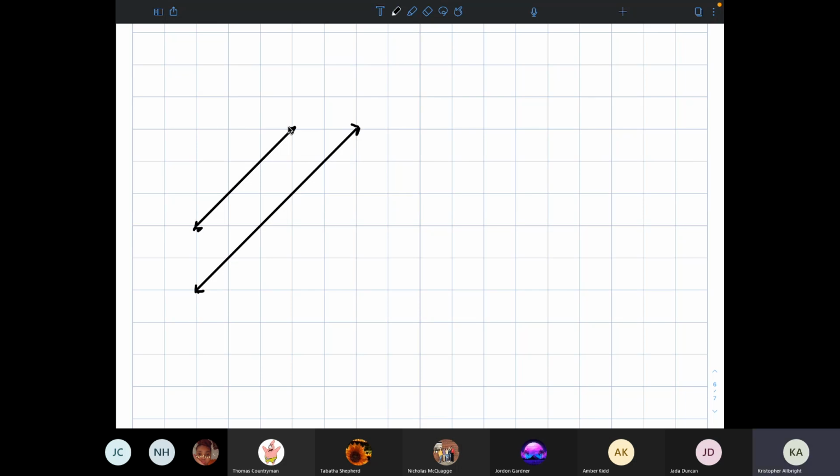And all this means is they have the same slope. So this has a slope of 1 over 1. It rises 1, it runs 1. Same thing with this one. Rise 1, run 1. So our slope for this one is 1, and our slope for this one is 1.